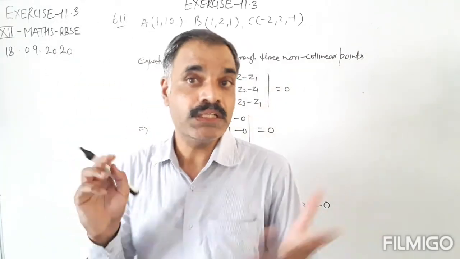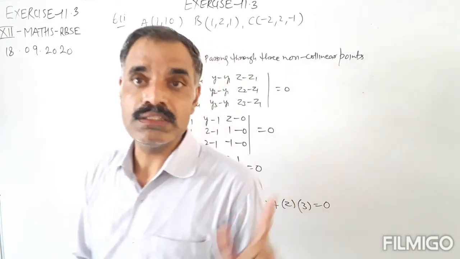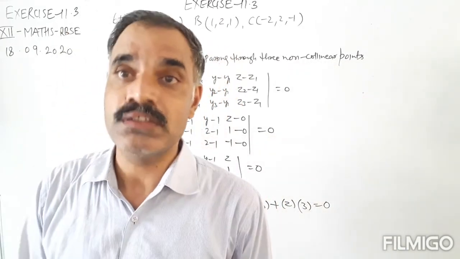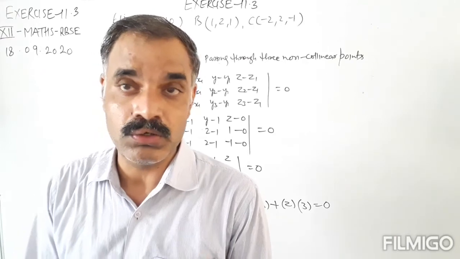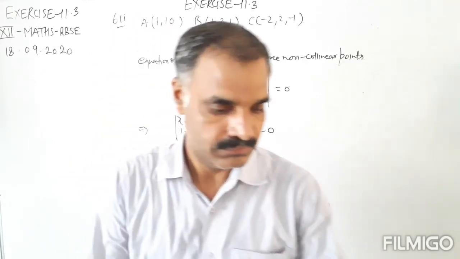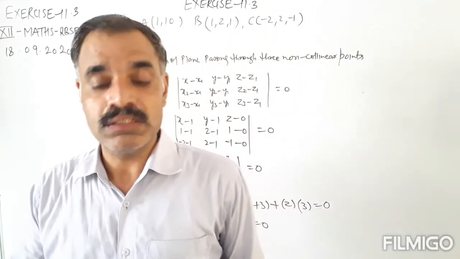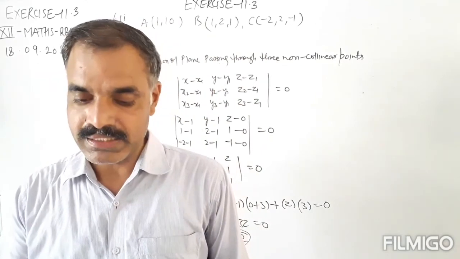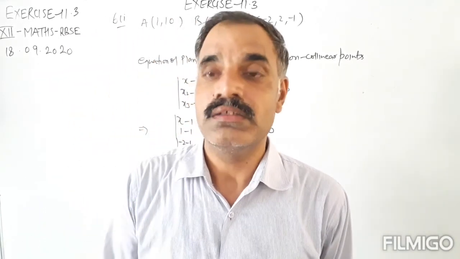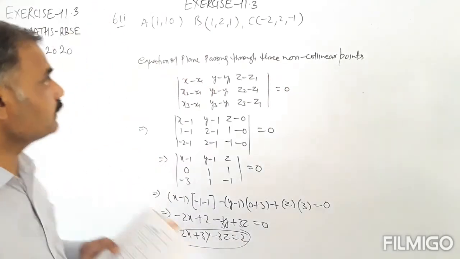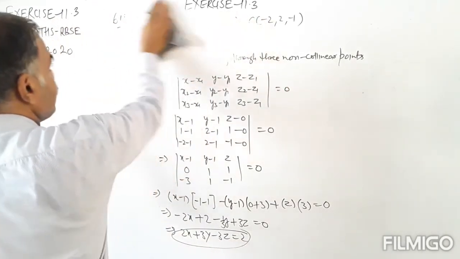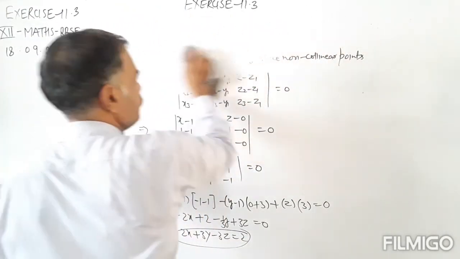Okay. So using this method you can find the equation of the plane passing through three non-collinear points. This was question number 6. Now we will take one more question, question number 7, of the exercise 11.3.